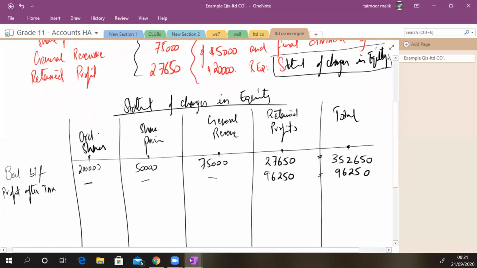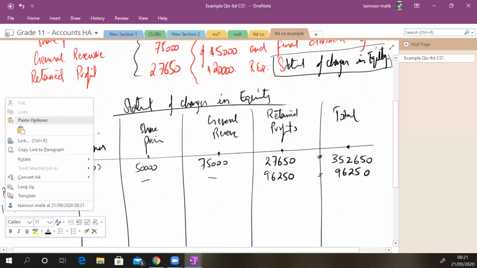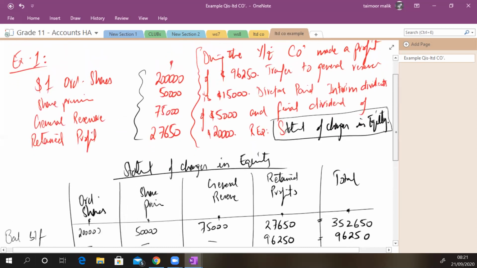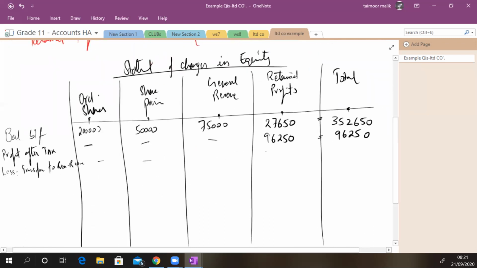Less. Now from the profits, distribution will happen. What sort of distribution? Less transfer to general reserve. How much was to be transferred to general reserve? 15,000.